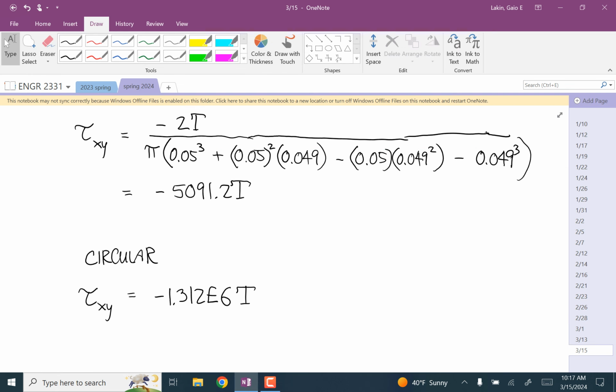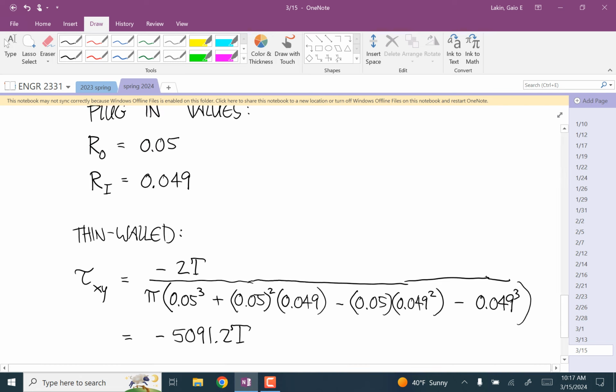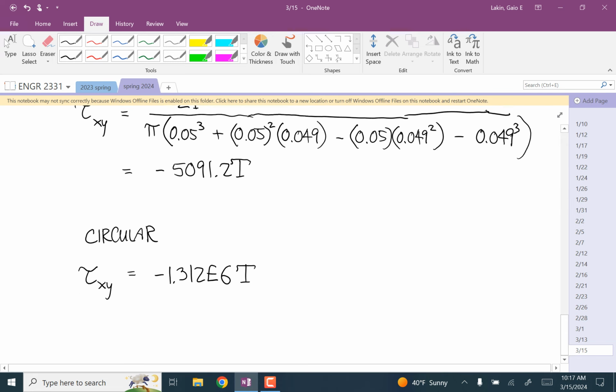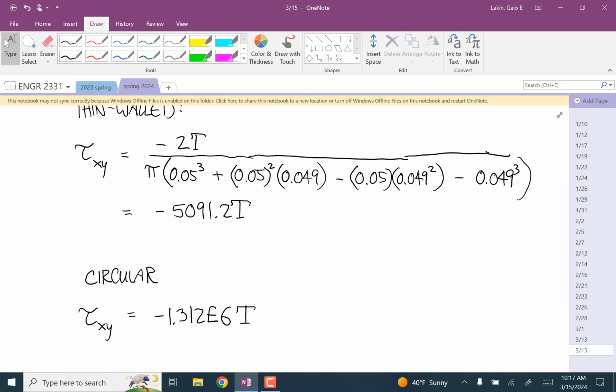Okay, so for the circular one, we also have a 0.05 in the numerator. Okay, so here we go.